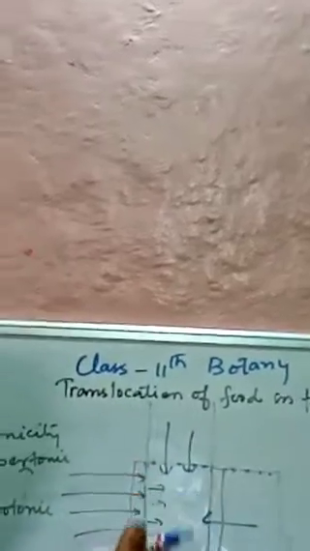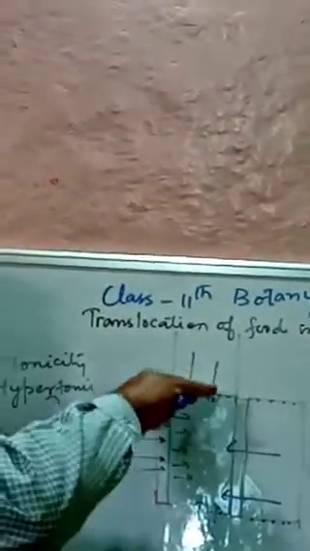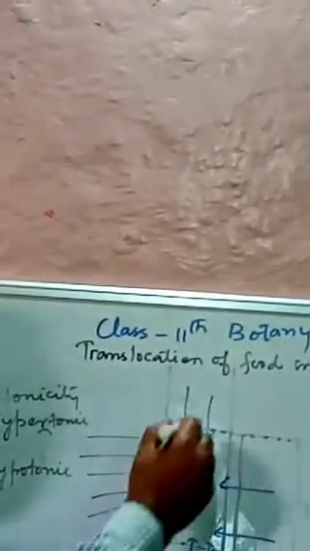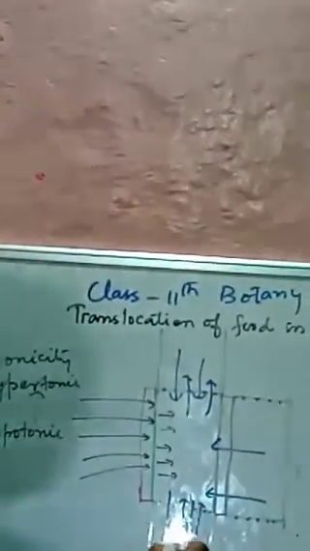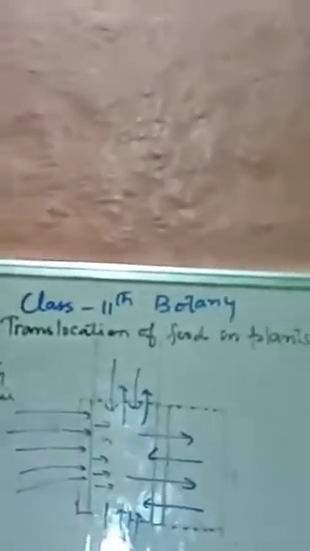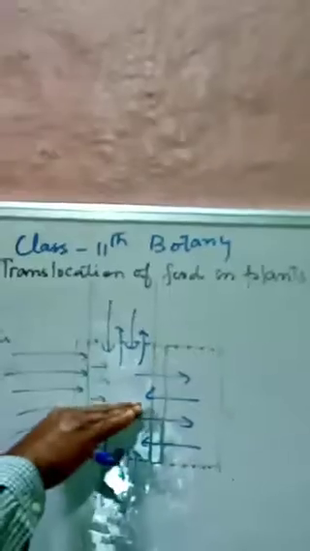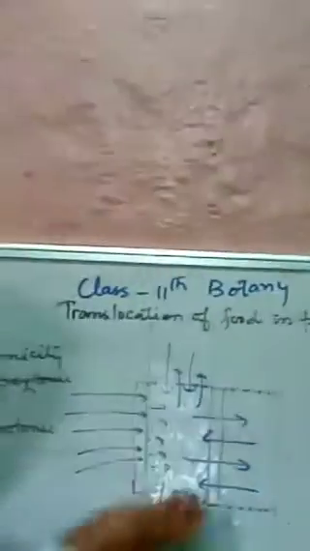A pressure develops in it. This pressure becomes so high that the food gets passed on to this cell, then to this cell, then to this cell, then to this cell. So what we will see about its translocation is that when this cell becomes hypertonic due to the movement of sucrose into it, the adjacent cells are hypotonic.